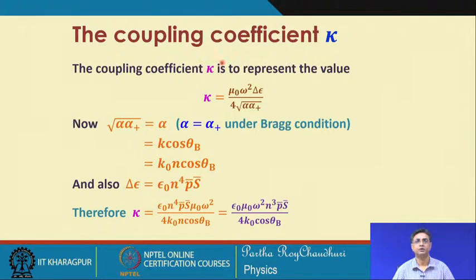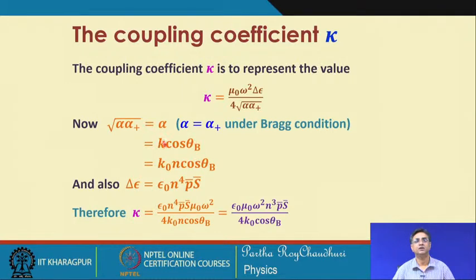Coupling coefficient under Bragg condition will be given by this, but alpha equal to k cosine beta. We will see that under Bragg condition, this is the incident wave, and the angle made by this incident wave is theta b. So, this is the Bragg angle at which the power transfer is maximum, at which alpha is equal to alpha plus.